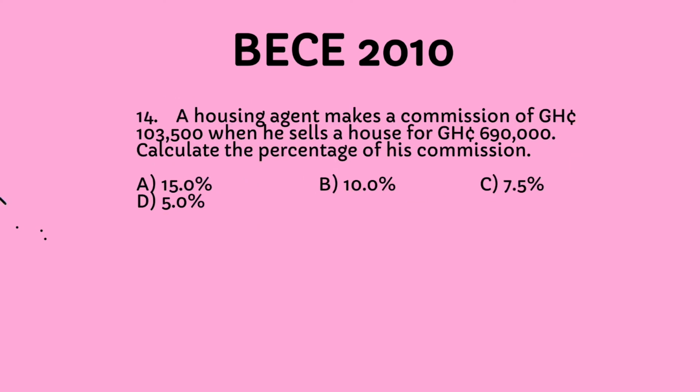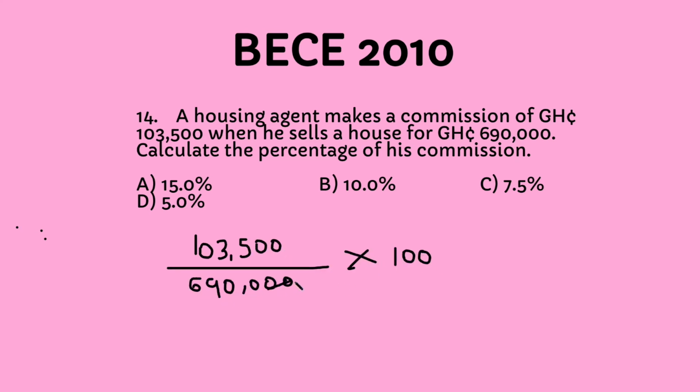Then we have question 14: a housing agent makes a commission of 103,500 cedis when he sells a house for 690,000 cedis. We are to calculate the percentage of his commission. To do this, we're going to find the fraction of the commission over the total sale price of the house, which is 103,500 divided by 690,000 cedis.